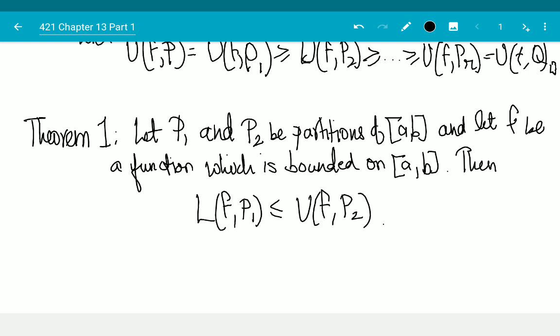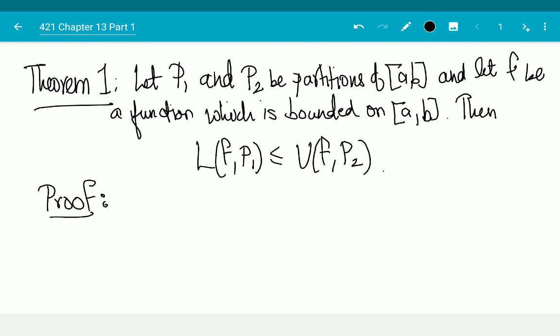Fun fact, it doesn't matter which one is P1, which one is P2, so the other way is also true.